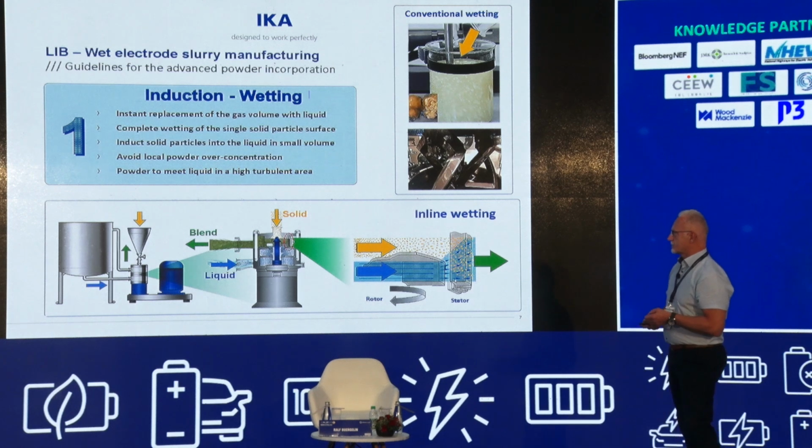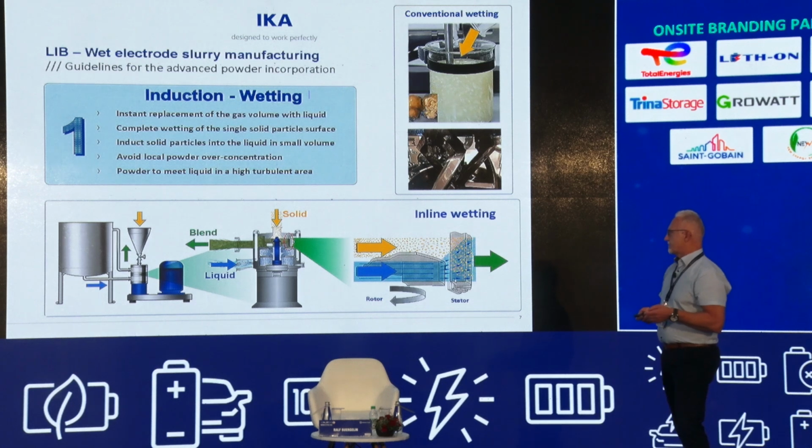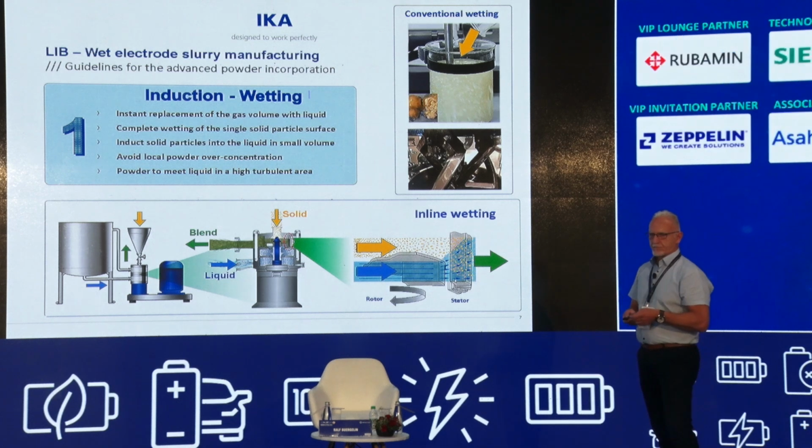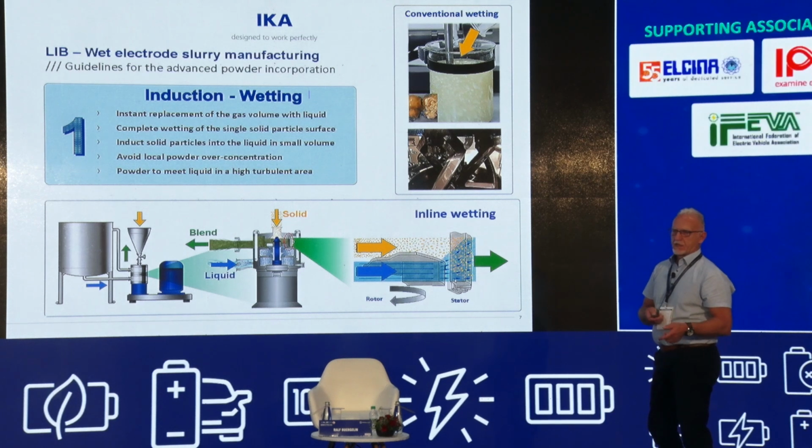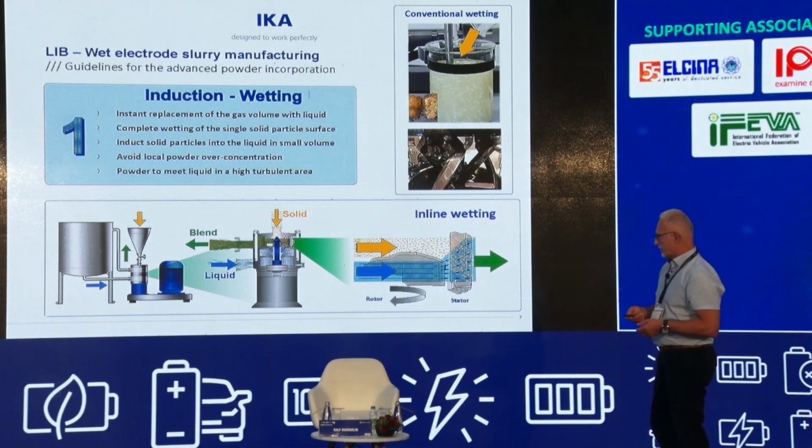So a better way is to do inline wetting, as for example described here. We have an inline machine where in small portions powder and liquid get in contact in a highly turbulent area. So instantly the gas volume is replaced by liquid, and there is no way for the powder material to escape.